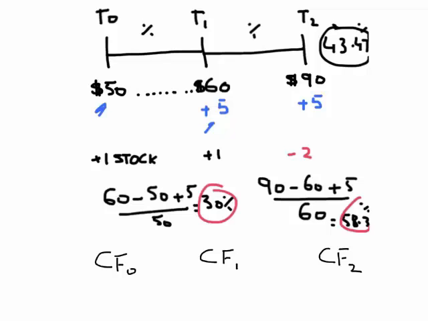Cash flow at time 0 is negative 50. What is the cash flow at time 1? Now the additional share was purchased, for which money needed to be provided. How much money is needed to buy 1 share? The share price is 60, but there is a 5 cash already there. So 55, very good.